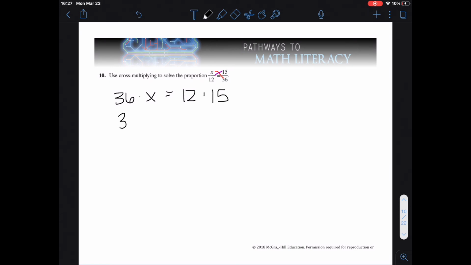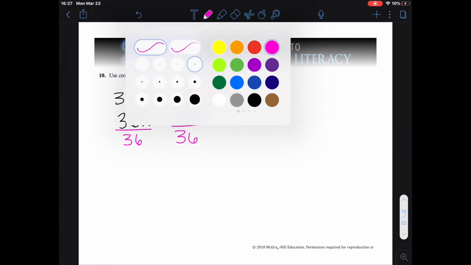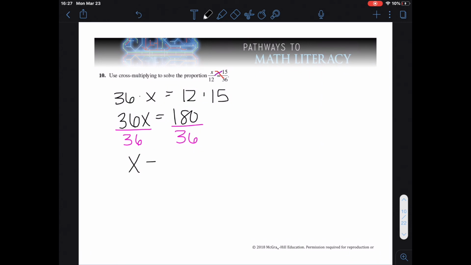So that gives us 36x equals 180. And then to solve for x, you divide by 36. So we get x equals 5, which again you can check by plugging it back into the original expression.